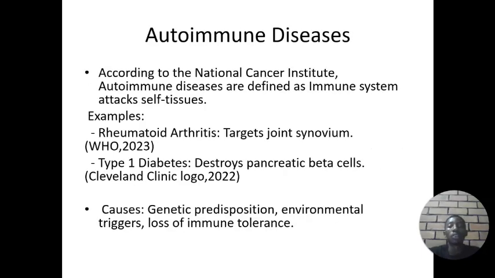According to the National Cancer Institute, autoimmunity is when the immune system attacks self tissue. Now, how are those autoimmune diseases developed? I'm going to tell you examples and the causes of the development of this immune disorder.